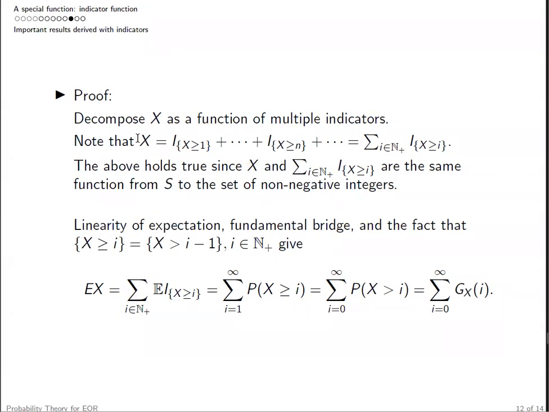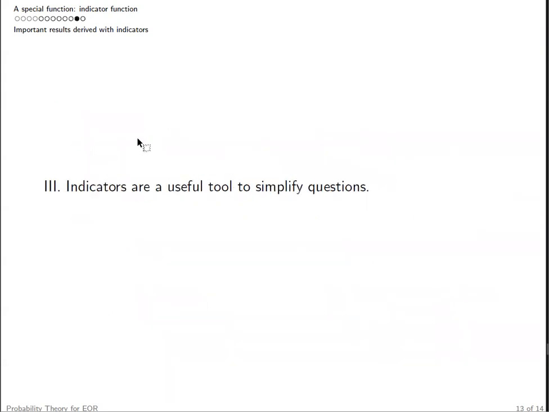So we can see that the indicator function indeed is a very useful tool for proving some technical results, but it's also a very important tool to solve some similarly complicated probability questions, right? Let's take a look. How do we apply the indicators to simplify some questions?